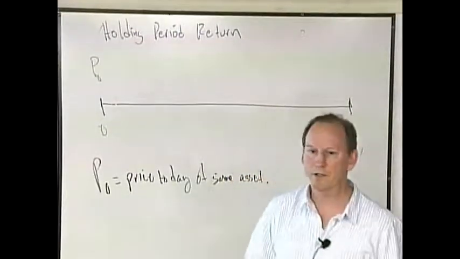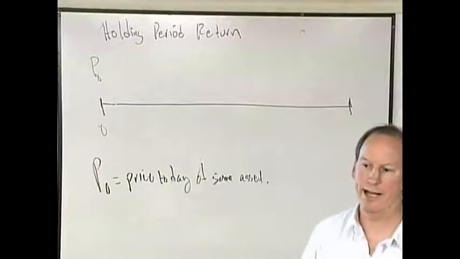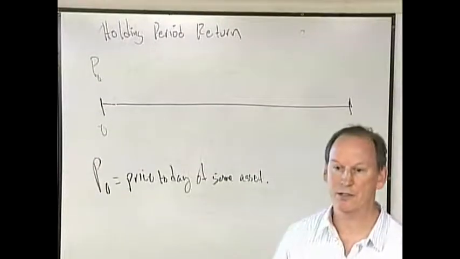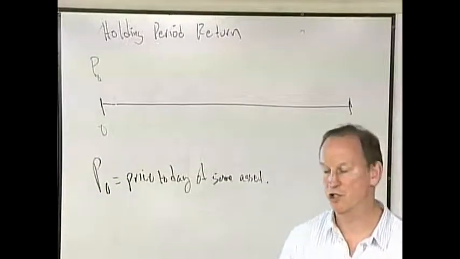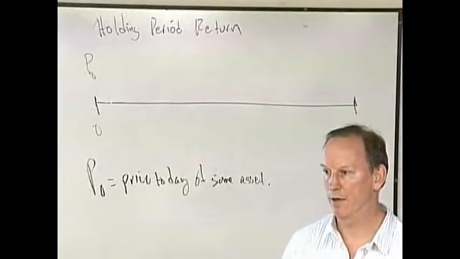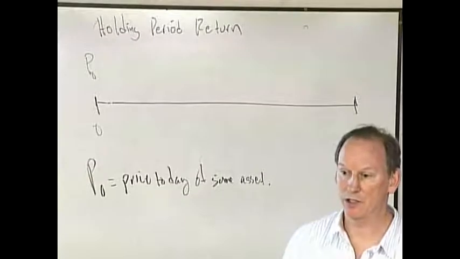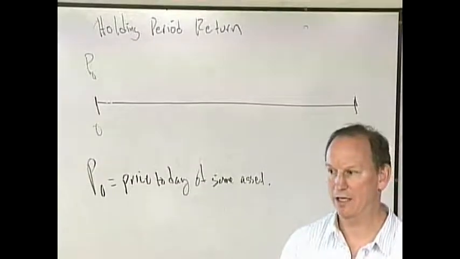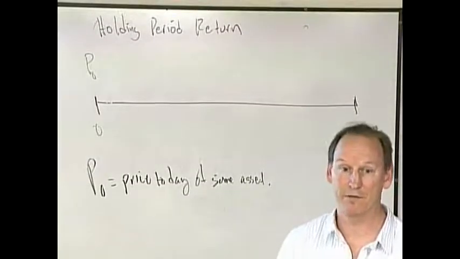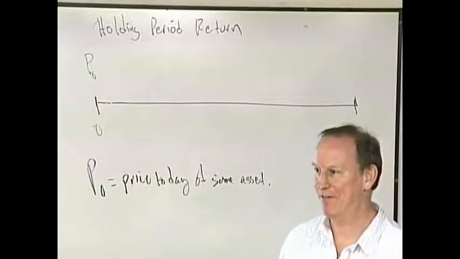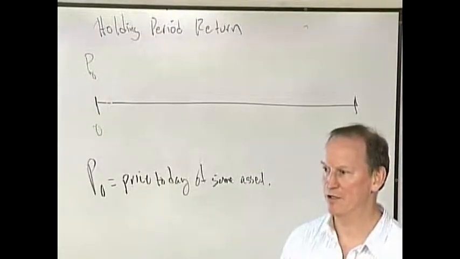Okay. Now in this course, we're primarily going to be dealing with equity type assets. Stocks, mutual funds, exchange traded funds, things like that. So assets that are traded on exchanges, assets that we can get easy price information free from the internet, not have to pay some data subscriber and so on and so forth.